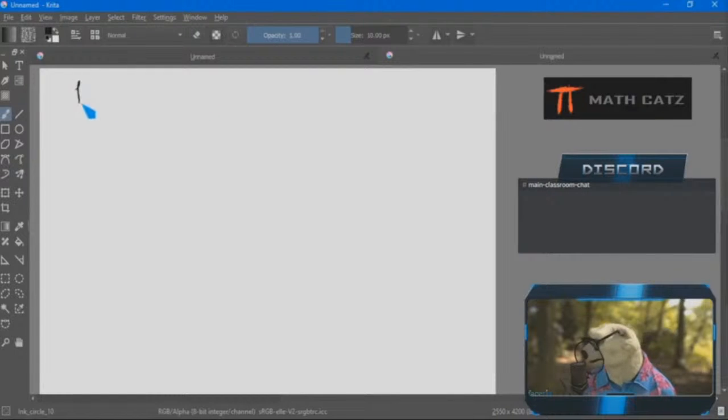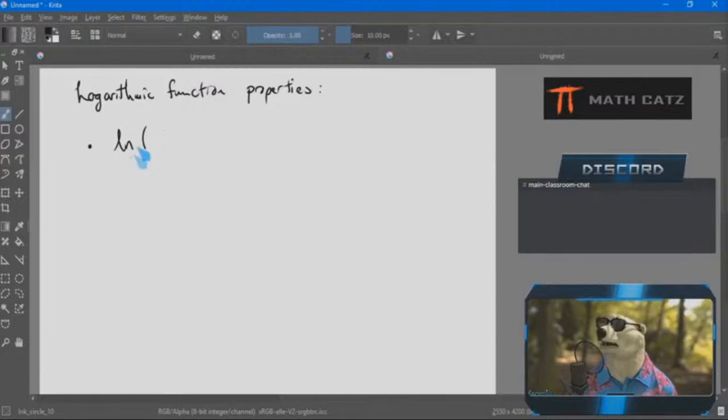But let me make that clear. These are logarithmic function properties. Their home is only here at the logarithmic function. One of them says that if I have the natural log of two things, it doesn't even matter what they are, they could be numbers, they could be functions, whatever, I have an a times b.